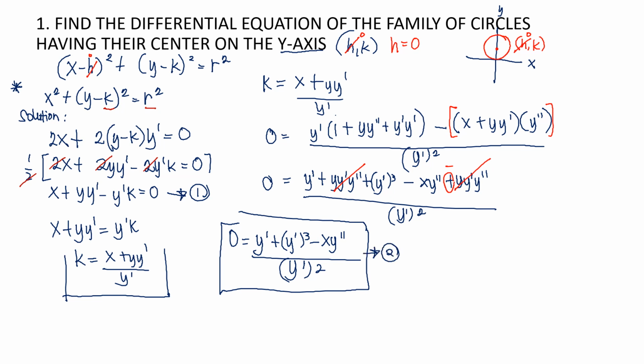So, are we done? Okay, we are almost done, but we are further simplifying this, no? So, we'll just cross multiply since our DE does not have a numerator like that. So, pwede na natin siyang i-cross multiply. So, therefore, y prime squared multiplied by 0 is 0.